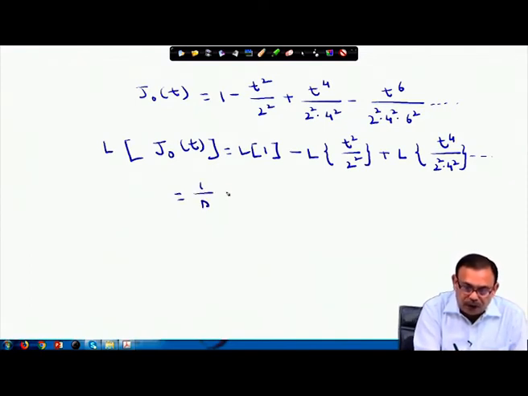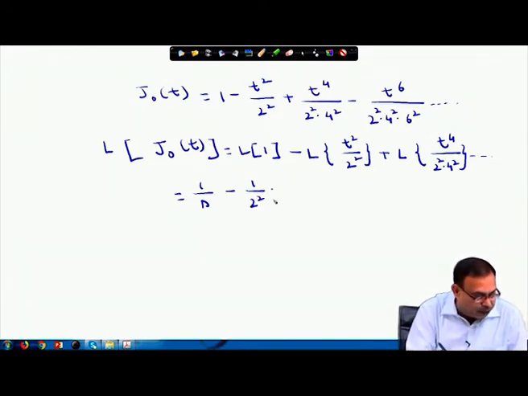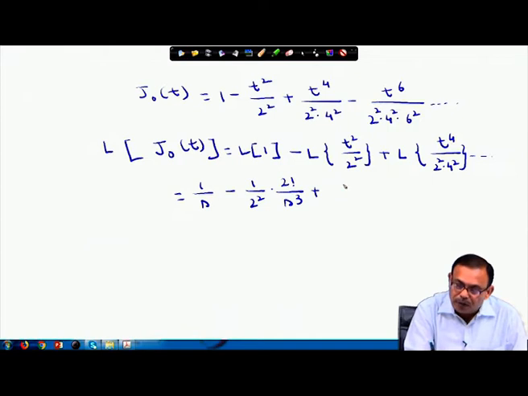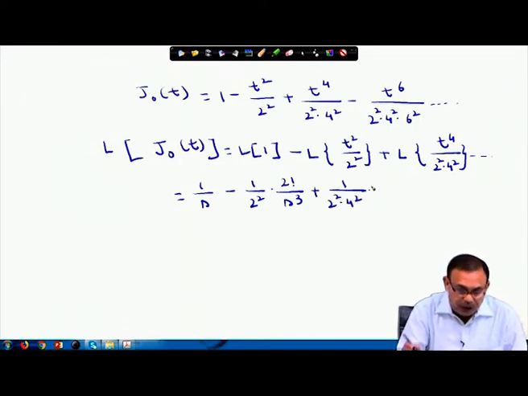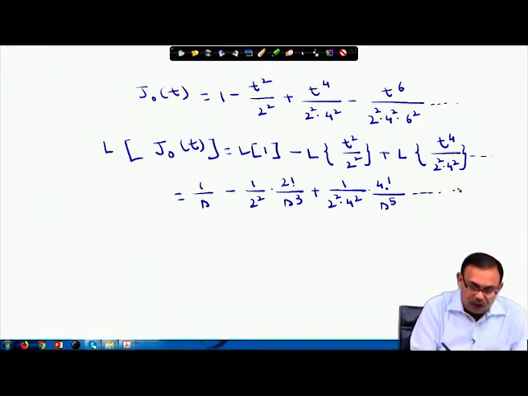Laplace transform of 1 is 1 by s, and 1 by 2 squared goes out. Laplace transform of t squared is factorial 2 by s cubed. Plus 1 by 2 squared into 4 squared, and t to the power 4 gives factorial 4 by s to the power 5, and it will continue.